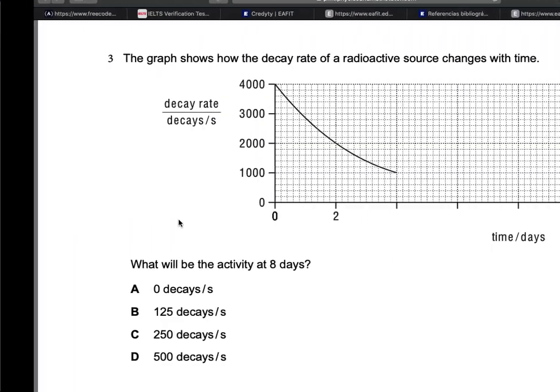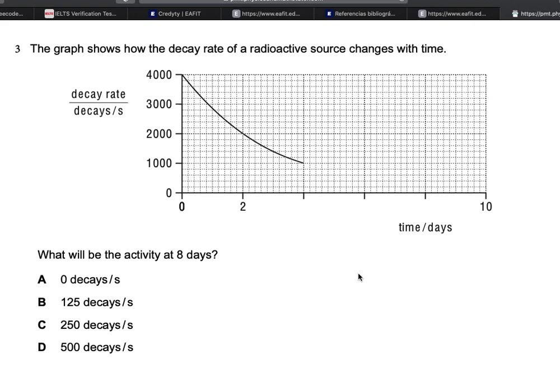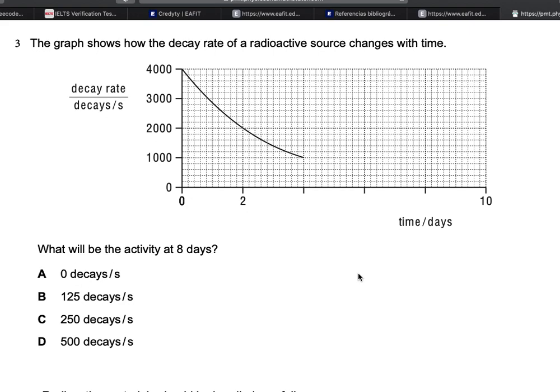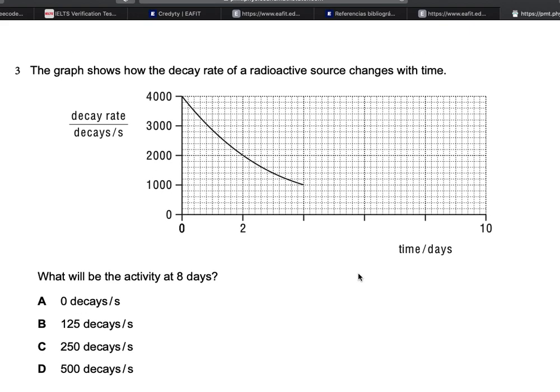I'm going to share with you right now this one. This is really similar to one problem that you're going to have on the final term assessment. It says the graph shows how the decay rate of a radioactive source changes with time.